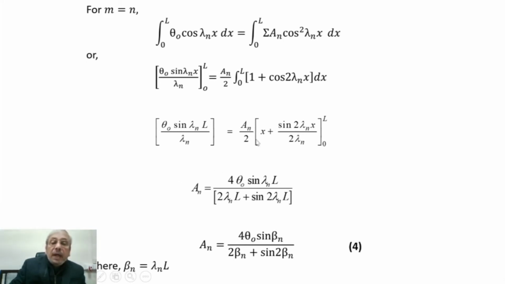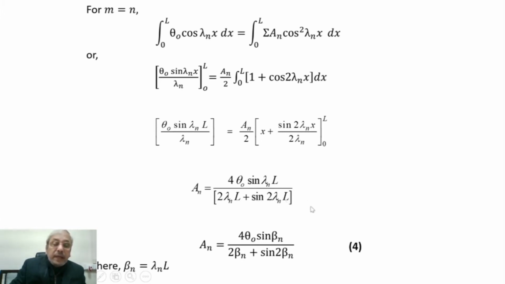It is given by, after simple algebra, 4 theta naught sine lambda n L divided by twice lambda n L plus sine twice lambda n L.